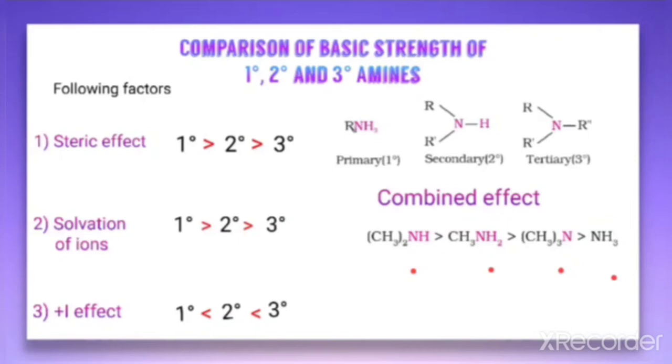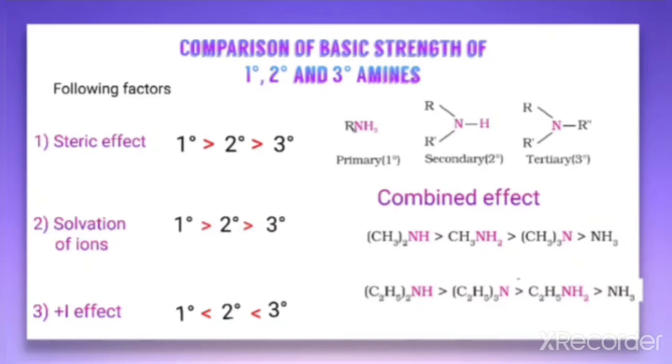So now you can see the changes here, but those changes will differ when the alkyl group differs. If the alkyl group is ethyl group, the sequence will be in this way. This is 2 degree, then this one is 3 degree, and this one is 1 degree. So with the alkyl group, the order of basic character gets changed.